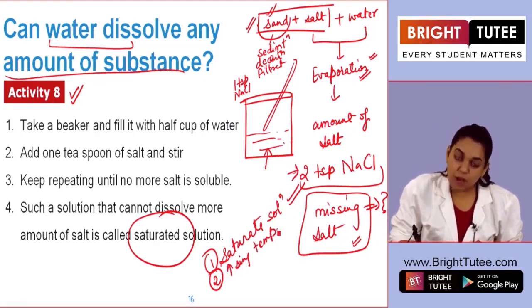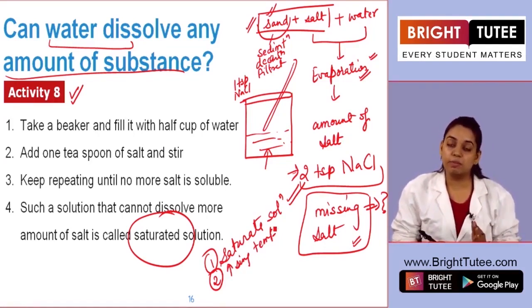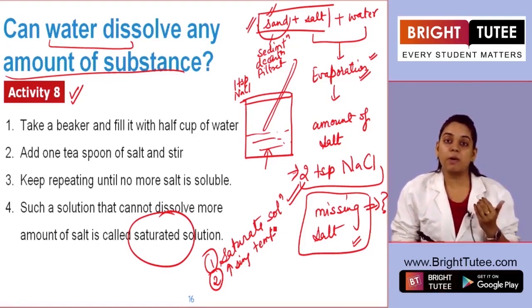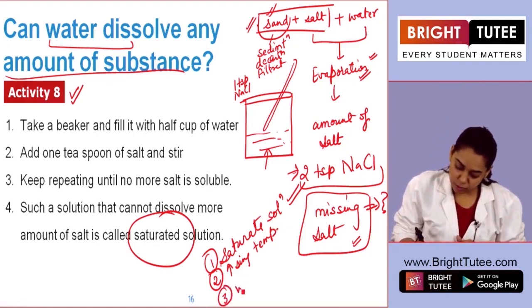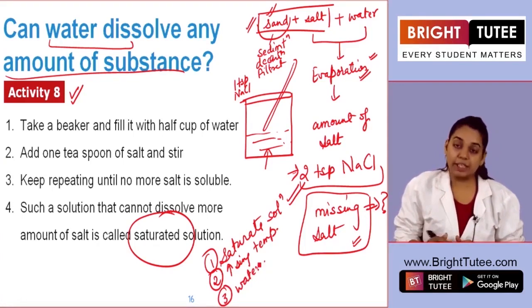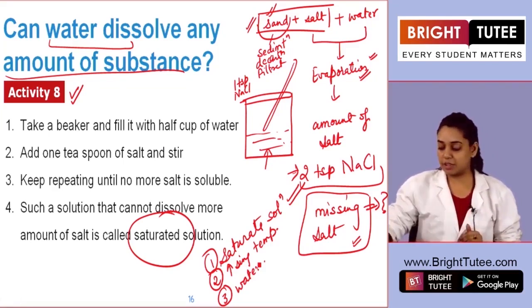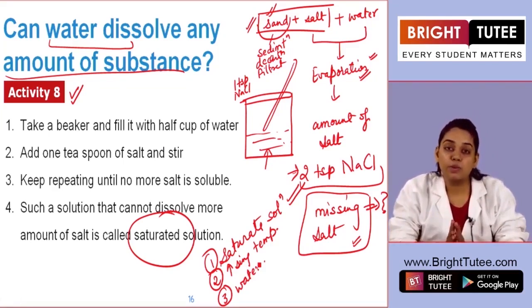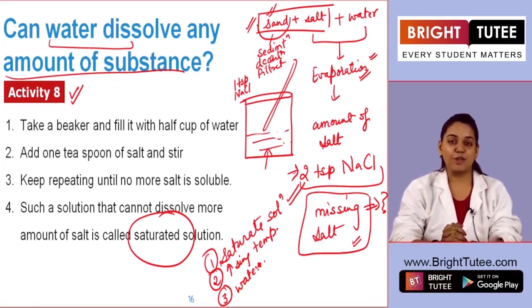If you have obtained your saturated solution of salt and you start heating it, it will be able to dissolve some more salt. And finally, we have learned that water can dissolve unequal amounts of different substances depending upon the property of the substance. So students, I hope that you would have understood the concept of saturation really well. Thank you for your attention.